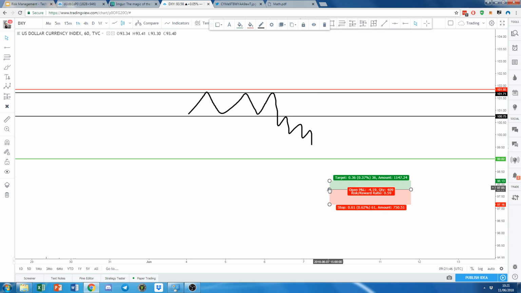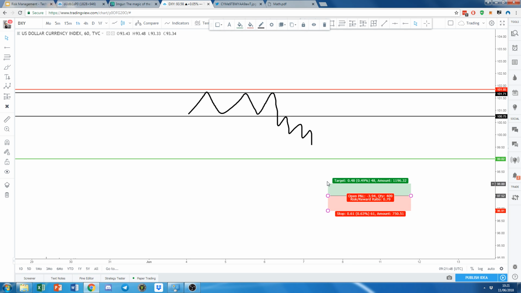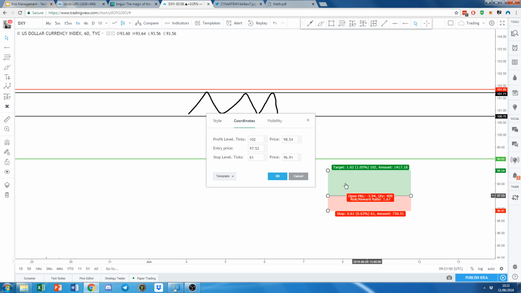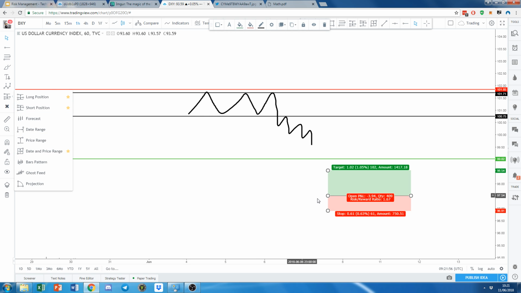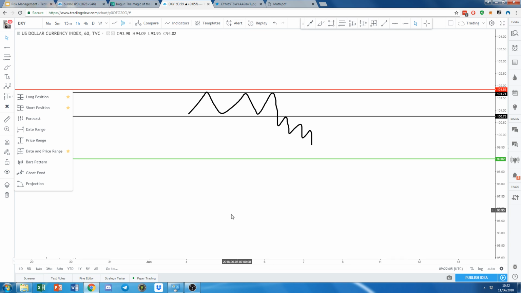Let's say this is my stop, this is my entry, and then my target is here, and it will automatically give you your R, provided you set this up properly. So the tools on TradingView will do this for you. You just have to adjust it to where your stop is and where your target is, and it will do it for both longs and shorts, and this number is our R. Let's hop back in here.